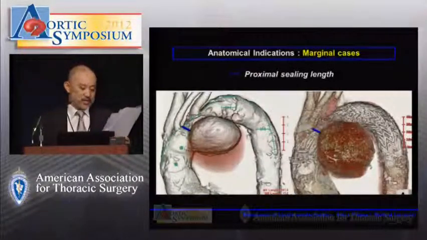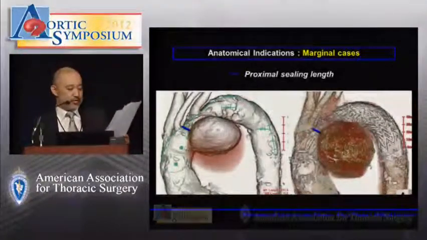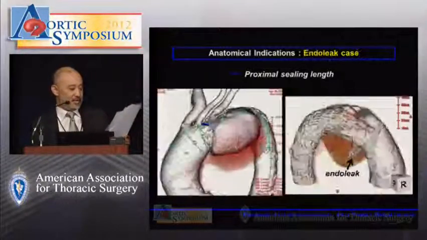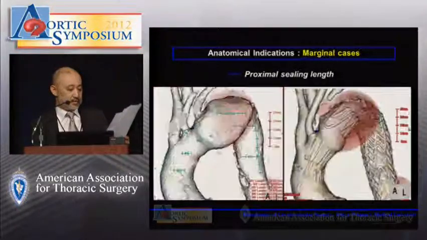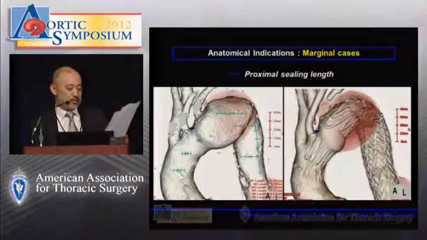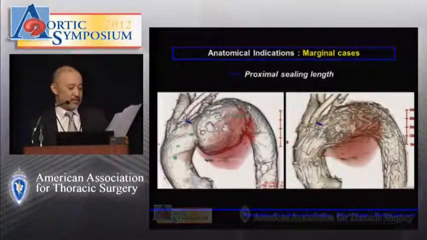The anatomical indication with this device is not clearly determined. Some endoleaks were caused by human error, and of course, we need long-term follow-up to know what the best way to help our patient is.